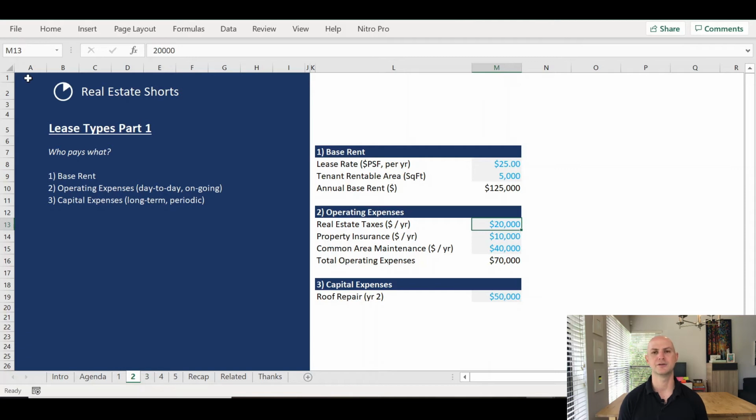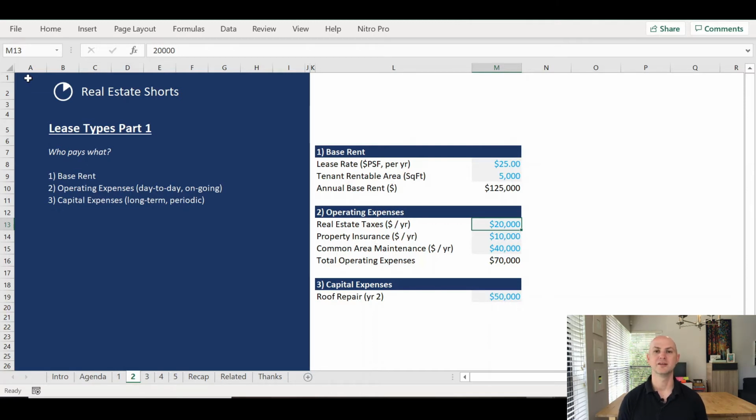The last category is capital expenses. The main difference between operating expenses and capital expenses is that capital expenses are long-term in nature. They tend to improve the value of the property, and oftentimes they are either unforeseen or unknown.